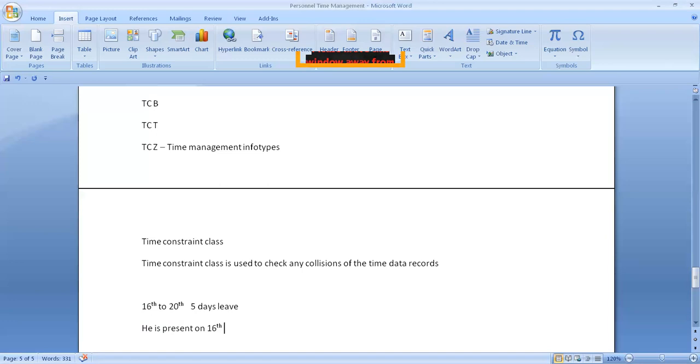Now the system is checking and finds the attendance record on the 16th. It is checking whether any other record is maintained on that particular day. So this is a collision. Why? On a particular day, you are maintaining both leave and attendance, which is a collision. The system should check it.